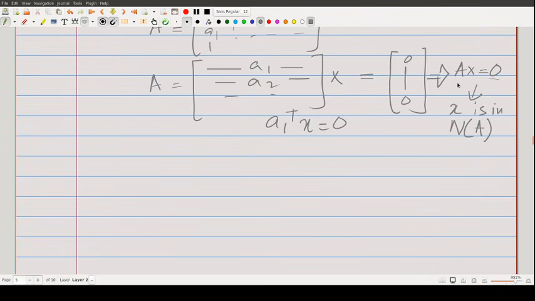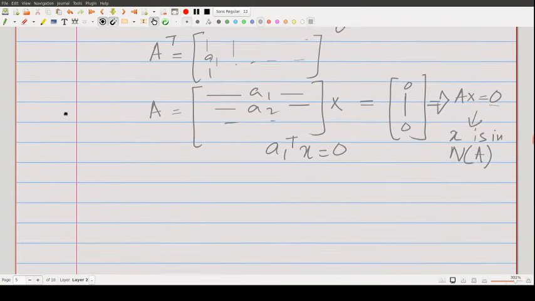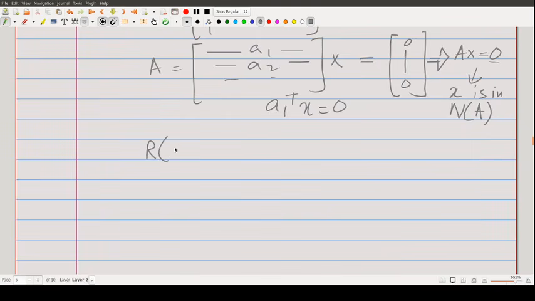That tells me that if I take any vector in the orthogonal complement, I will get a vector in the null space. So we've shown that the orthogonal complement of the column space of A transpose is a subset of the null space. Therefore we have this relationship both ways.